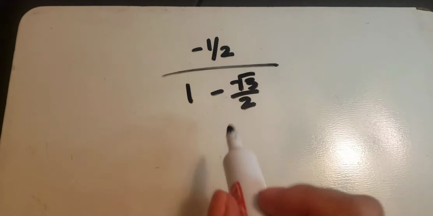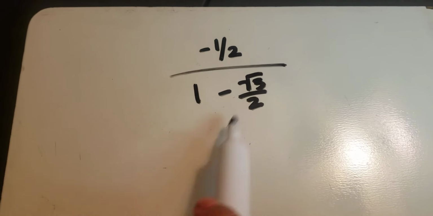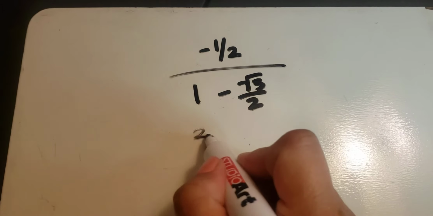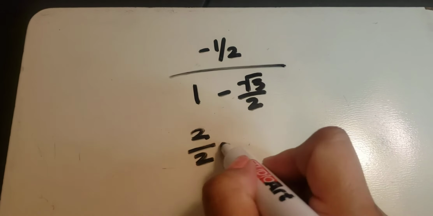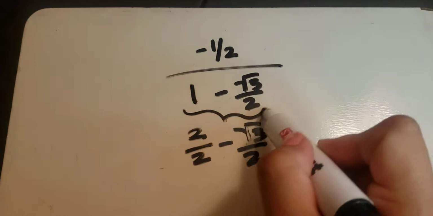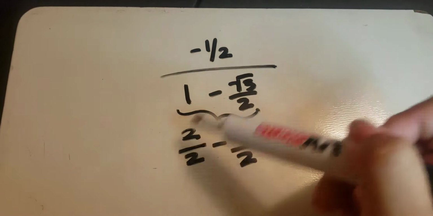Since I don't really have to do anything with the numerator for now, I'm just going to start simplifying the denominator. We need a common denominator, so I'm going to write 2 over 2 minus radical 3 over 2. This is just the denominator, and of course, we have a fraction divided by a fraction.